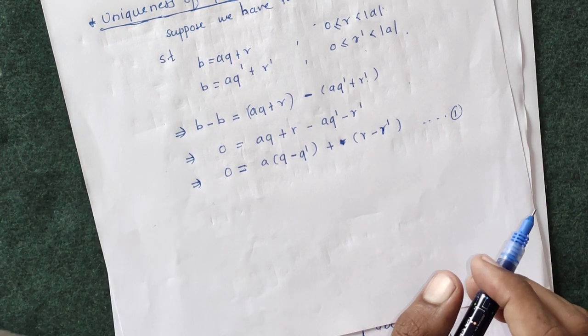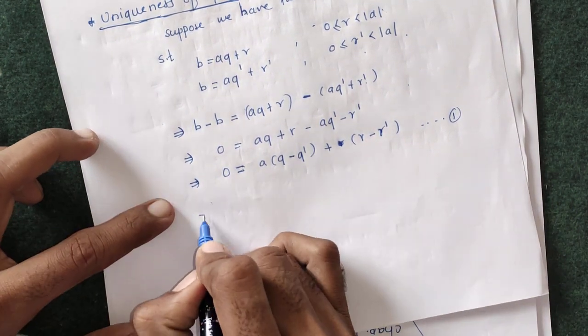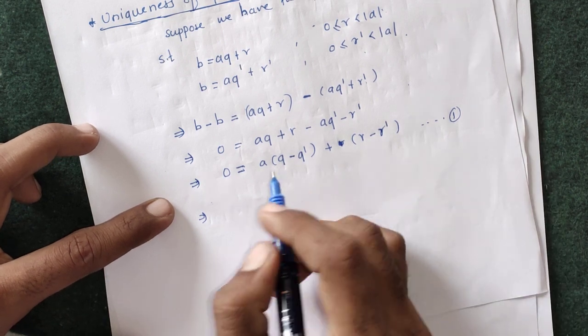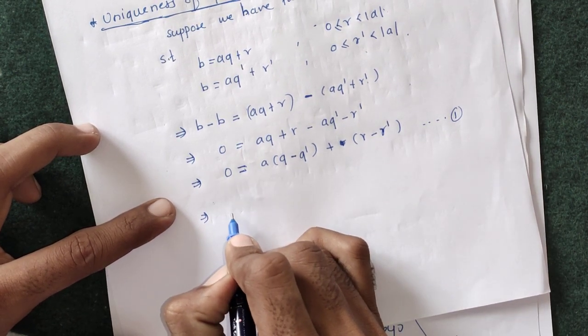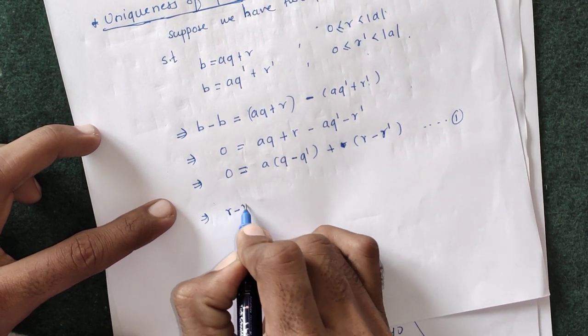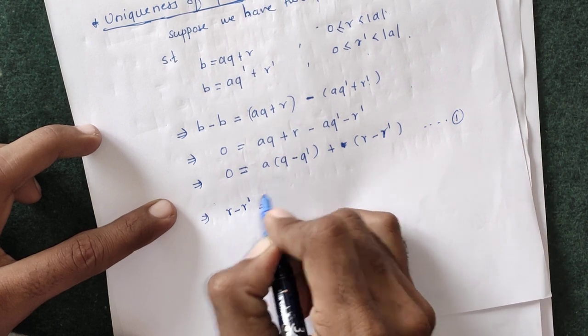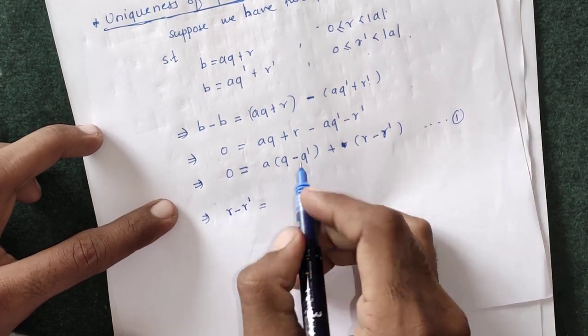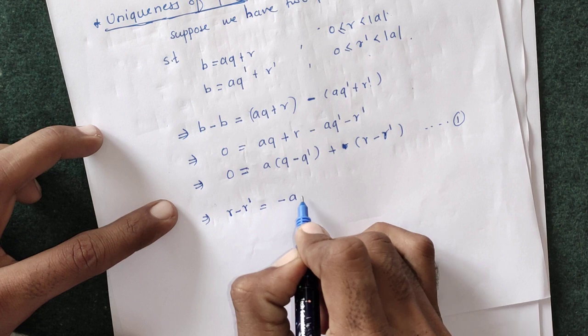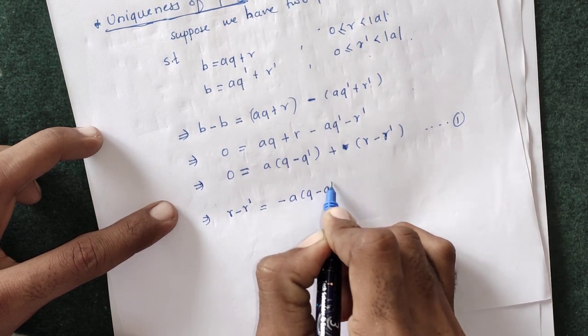Simplifying again, r minus r prime is equal to minus a times q minus q prime.